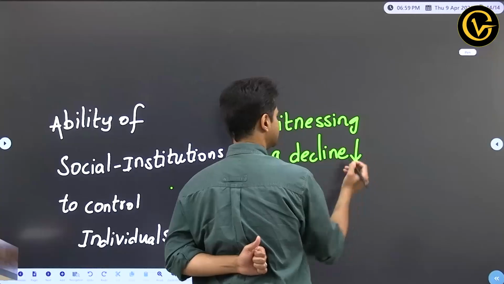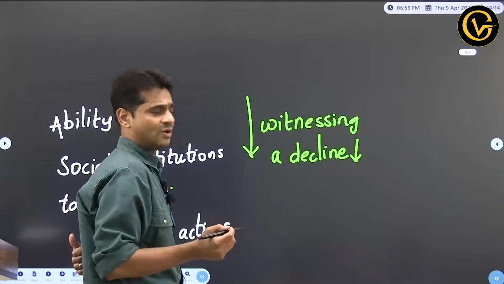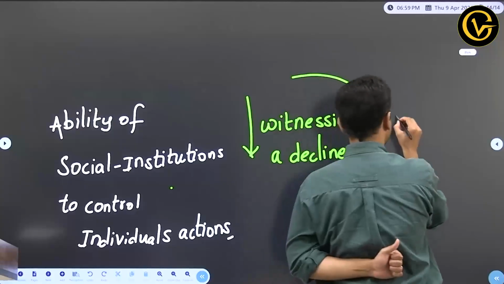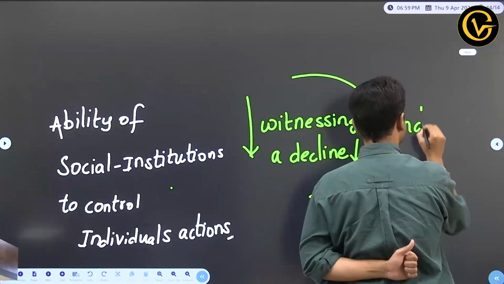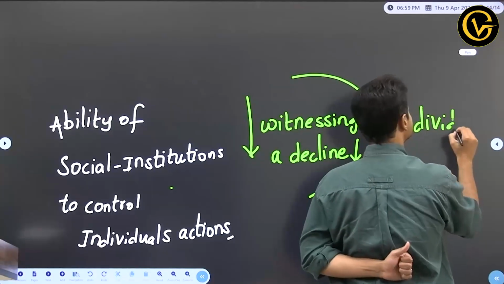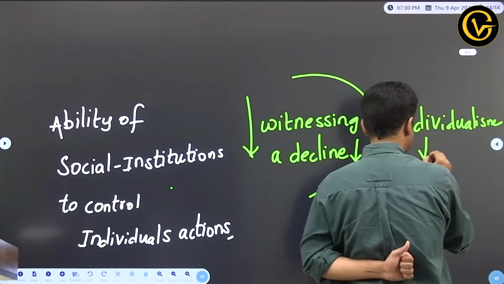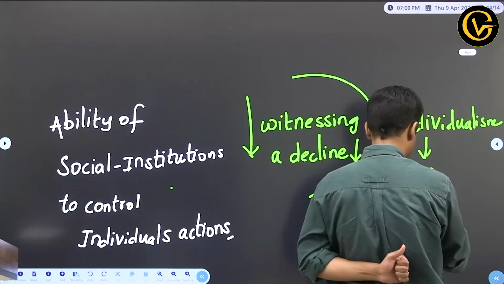Isn't it? Why is this happening? There are many reasons, but the most important reason is individualism. People are becoming very self-centered.